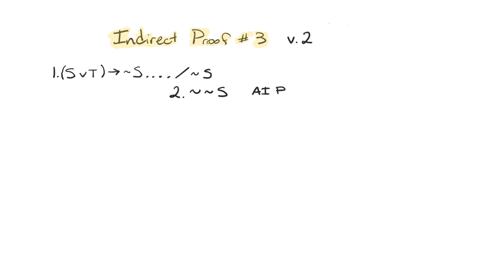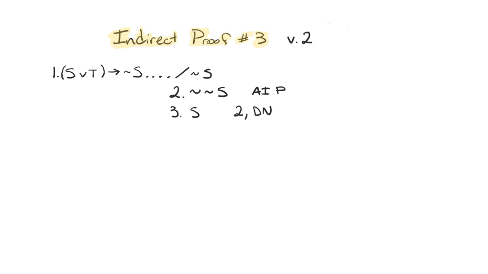Now, the third line can be either a restatement of the premise, or we could just get rid of these double negations. Either way is going to be fine. So let's just get rid of the double negation here for line 3, which is just going to leave us with S. And that's justified from line 2 using the double negation rule.